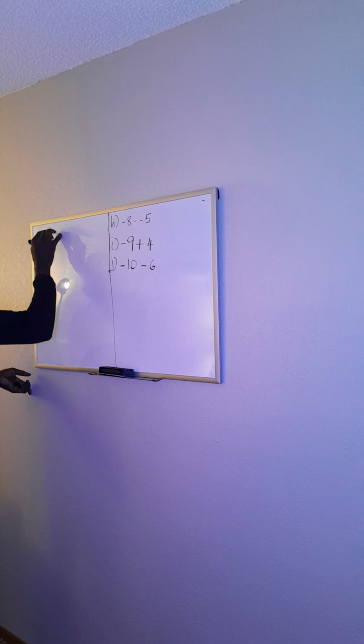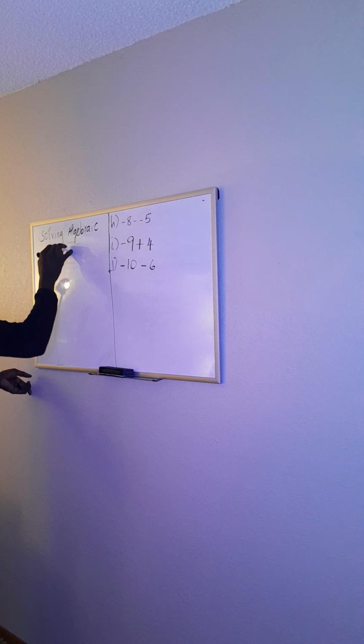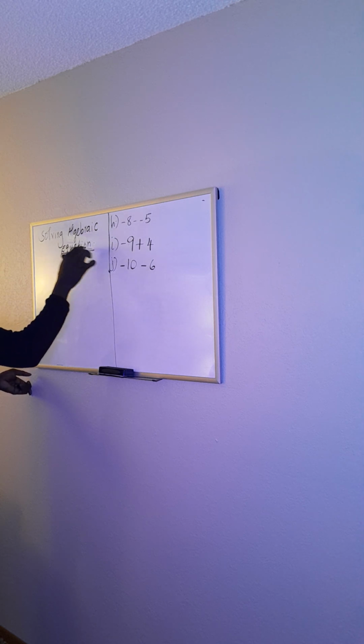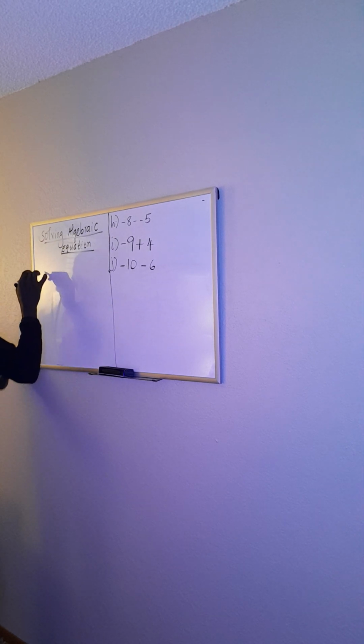Another basic math topic that I want to talk about is solving algebraic equations. I'll look at the basic ones, starting with the one-step equation, then the two-step equation as we move on.